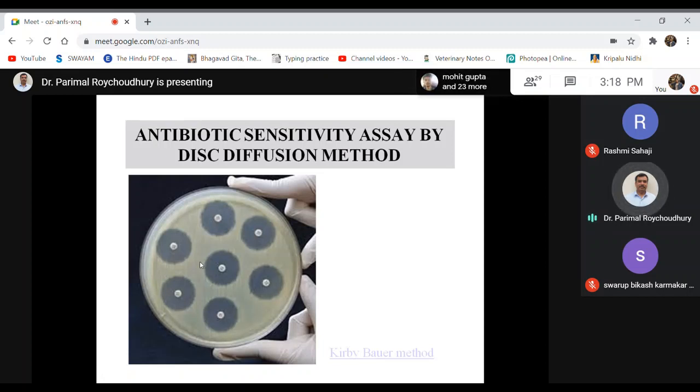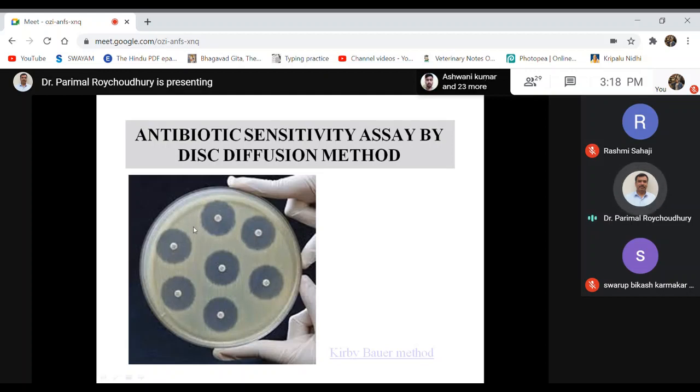The basic principle in this technique is that it's very simple. First, we take an agar media, and then we spray the pure culture of the bacteria on its surface. If we keep this plate as such, what will happen? The bacteria will grow and form a lawn of bacteria, as you can see here.